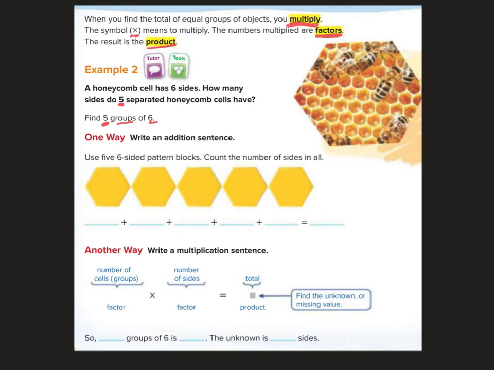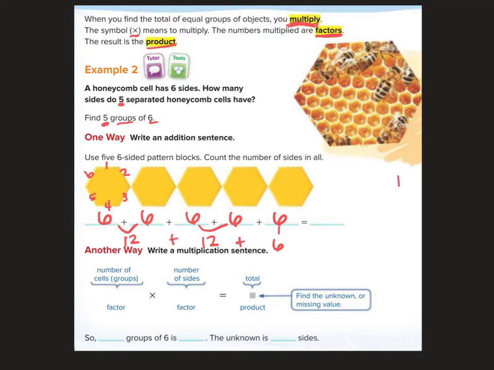One way is we could write an addition sentence. So I could say 6 sides, 1, 2, 3, 4, 5, 6 sides. So I'm going to do 6 plus 6 plus 6 plus 6 plus 6. Let's see. 6 and 6 makes 12, and then we have an extra 6.